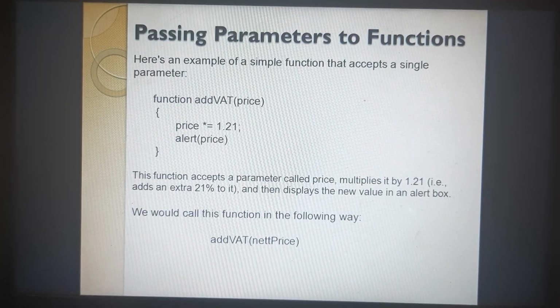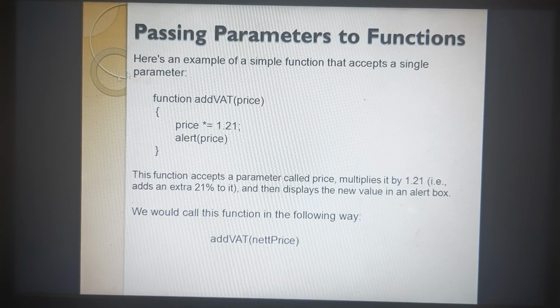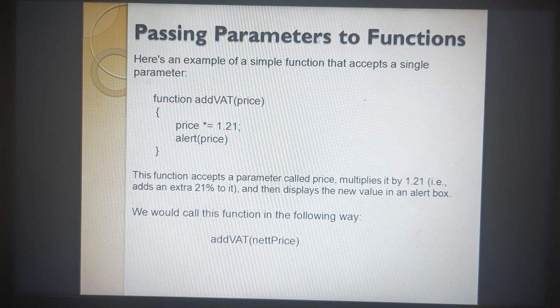Passing parameters to functions. Now, we would like to call this function in the following way. Here this is the function we are calling, and as I said in the previous example, we are passing this net price value to the price.